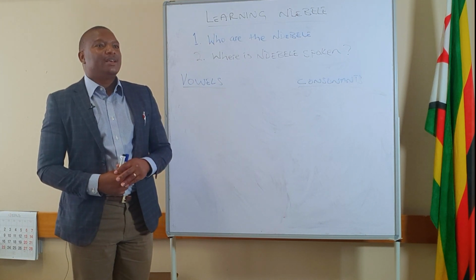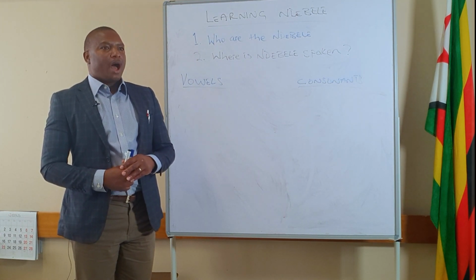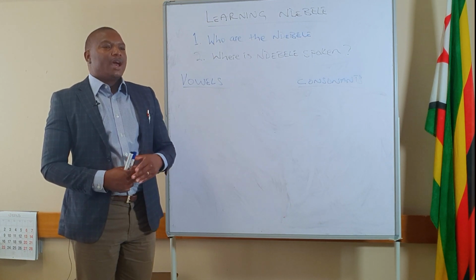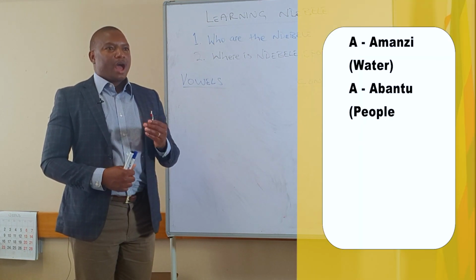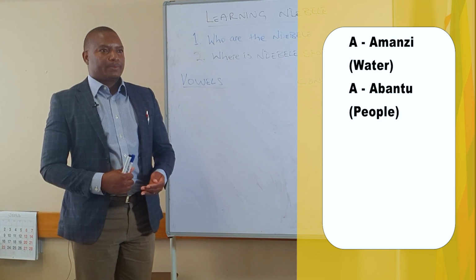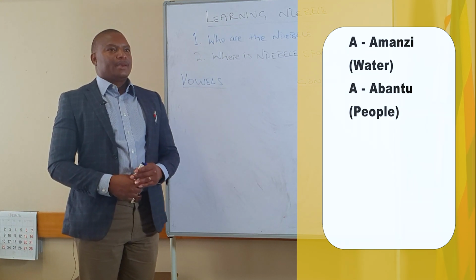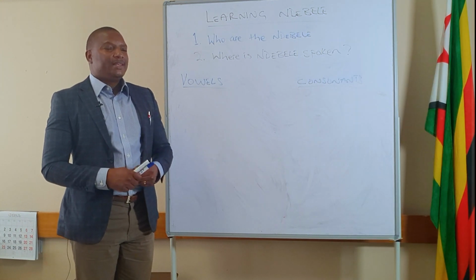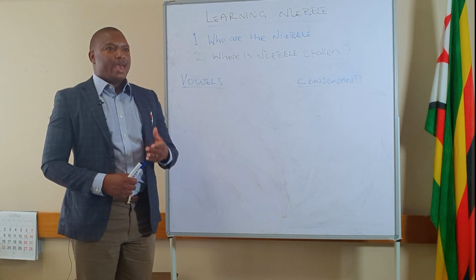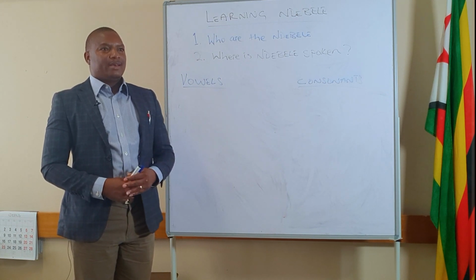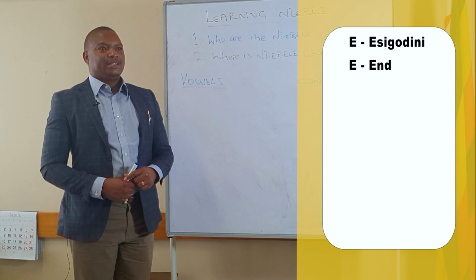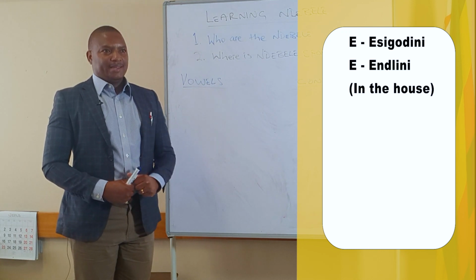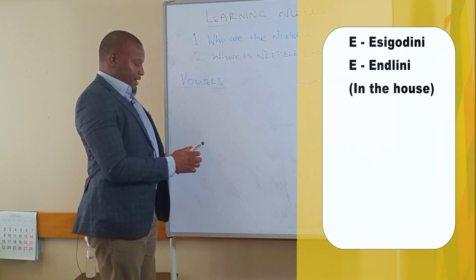The first one is A. A, as in amanzi, abantu. A. The second vowel is E. Esigodini, endlini. Right?